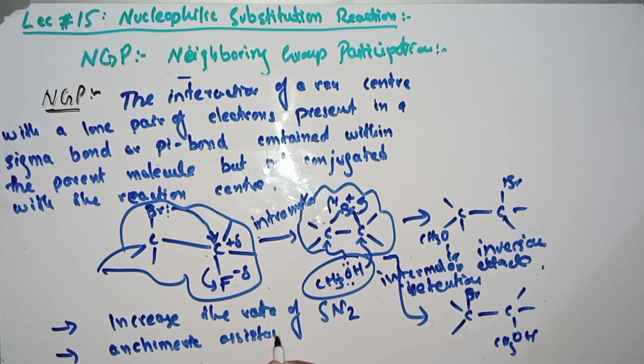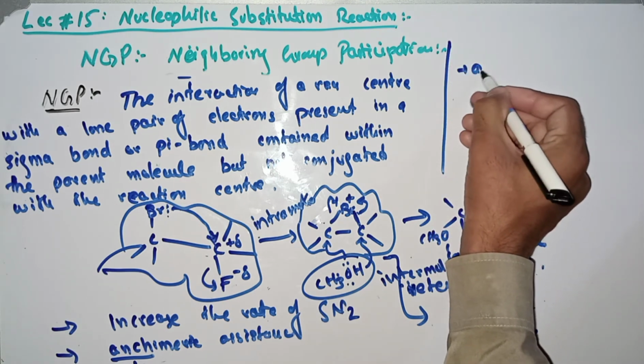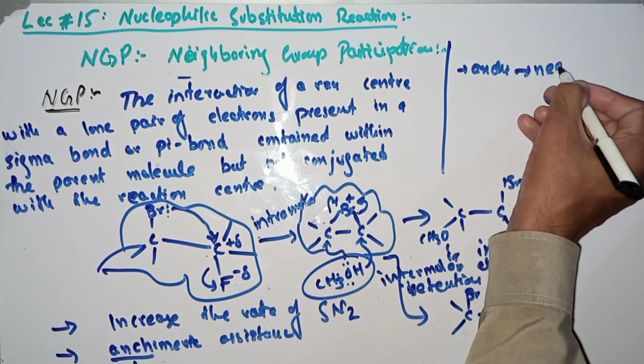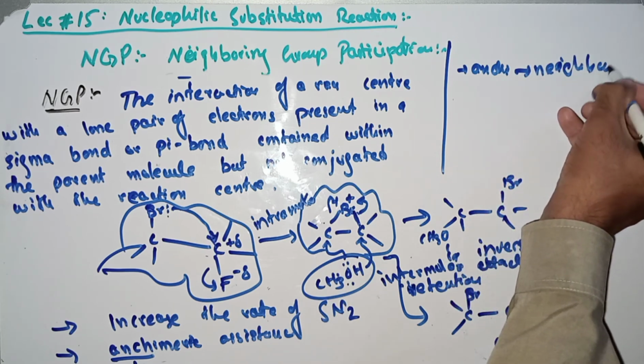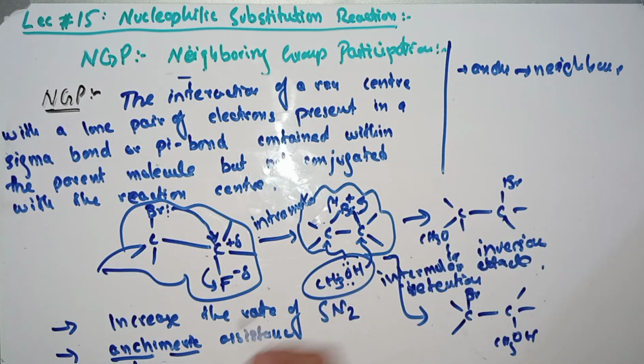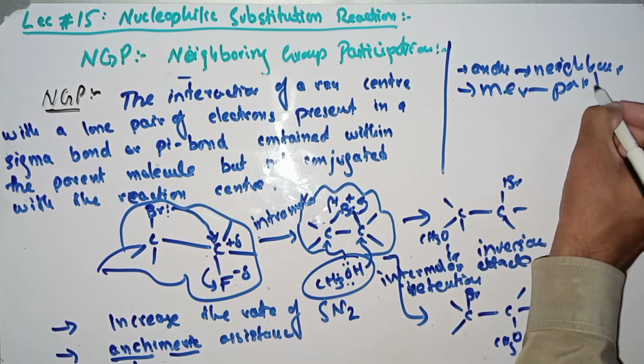Anchi means neighbor, while mer means part. So neighbor part.